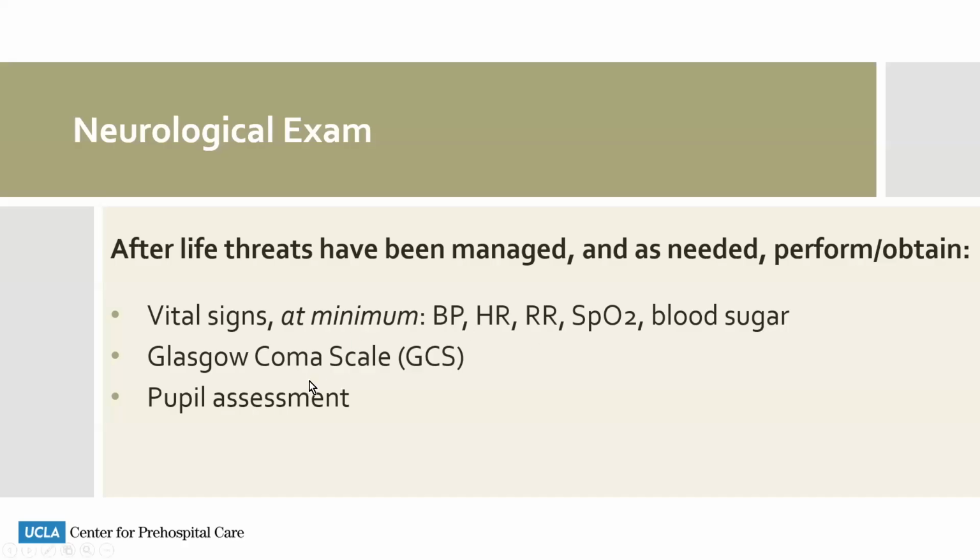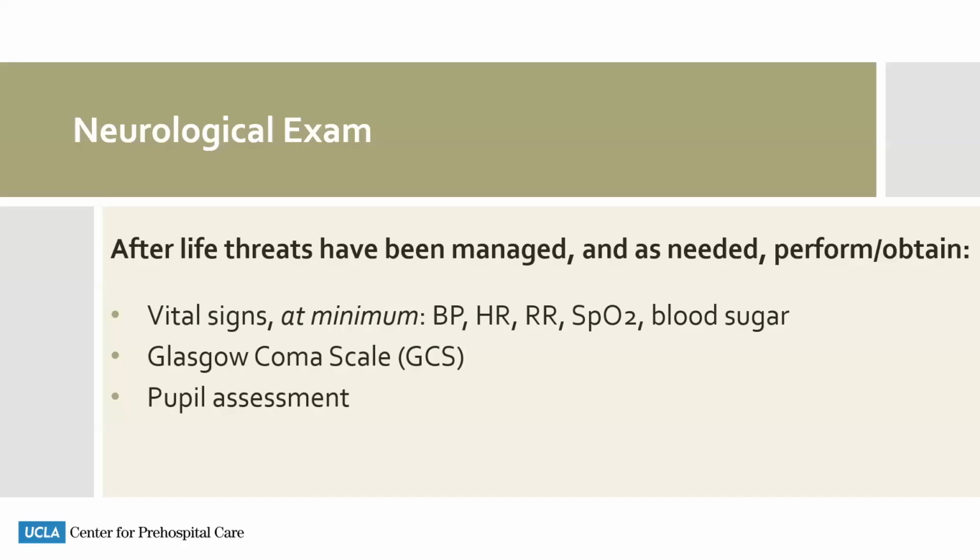So, pupil assessment, like I said, I want to know whether or not the pupils are equal in both eyes. Do they react to light the same way or do they not? Is one a rogue pupil and one okay? Are they dilated?